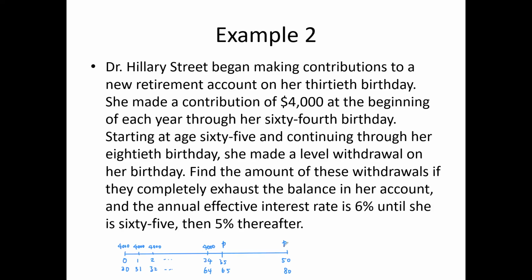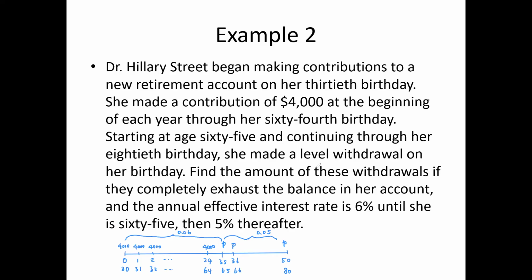We're looking for that value P till her 80th birthday. And the interest rate for this period, up to 35, is 6%, 0.06. And starting from here, the interest rate is 0.05.